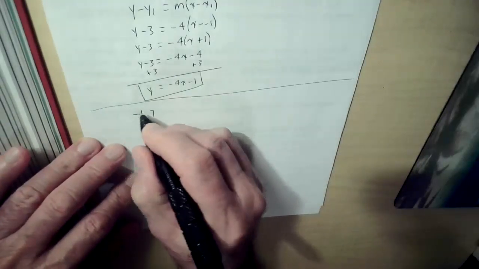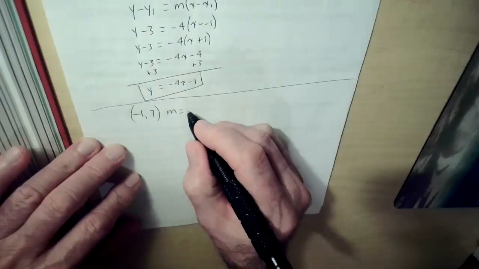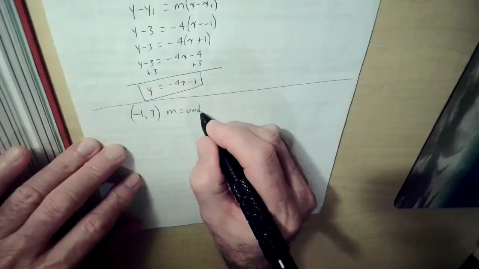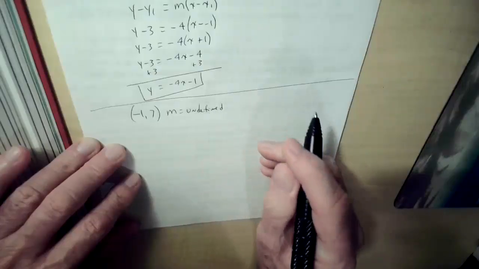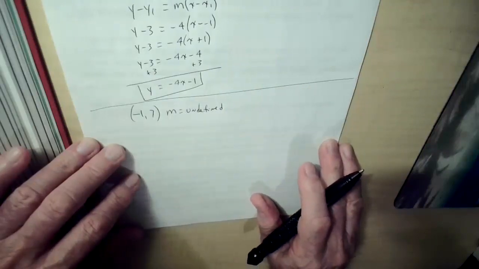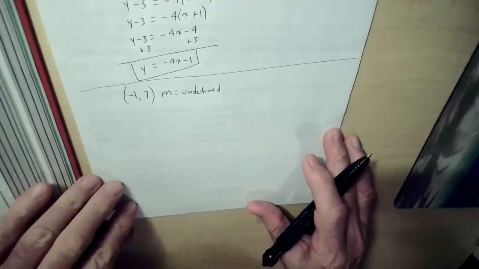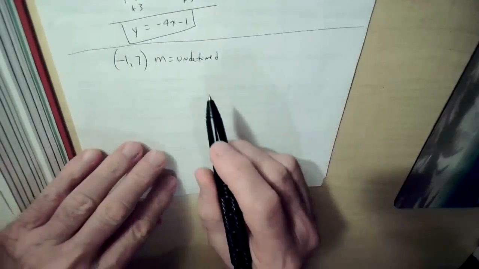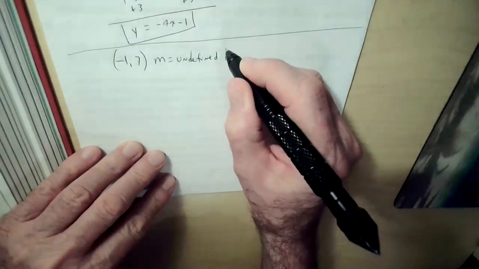Oh, get this one if you're so smart. What do we have? -1 comma 7 with a slope of undefined. What in the world is that going to look like? They want you to write an equation for this.